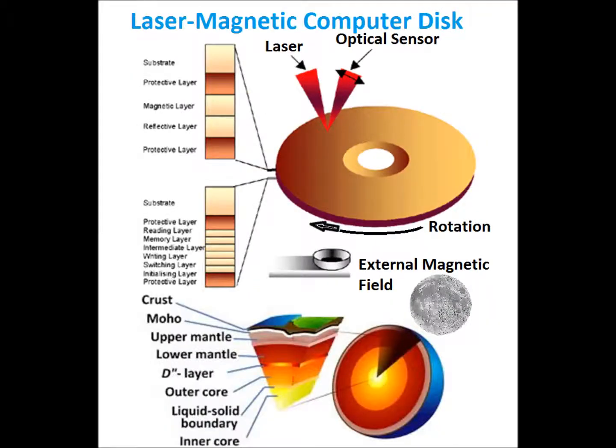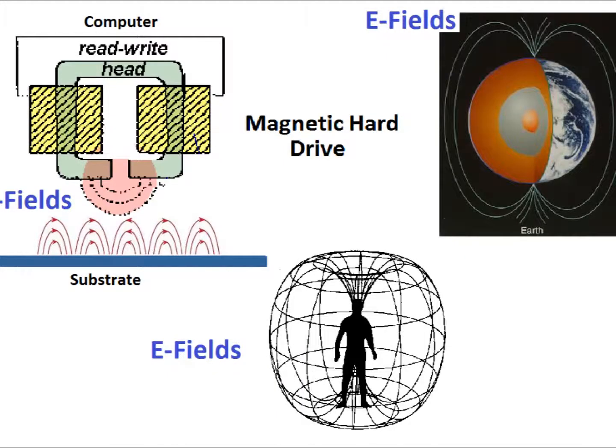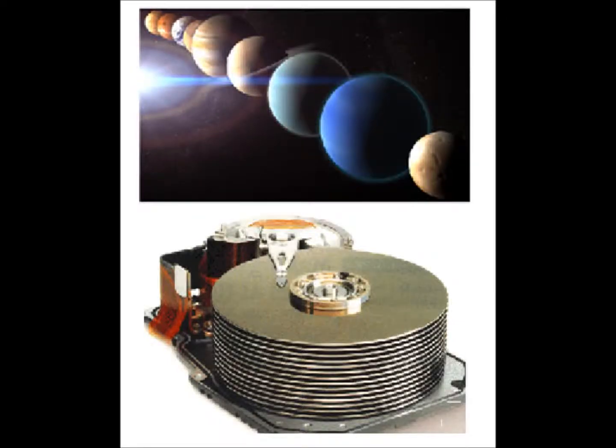Earth is a rotating medium. All in all, Earth is some kind of optical, magnetic, gravitational computer drive.